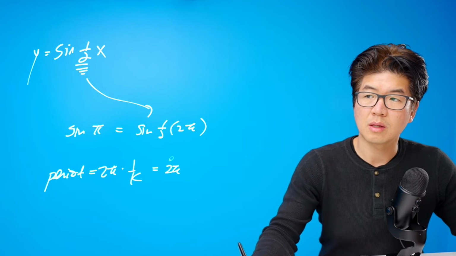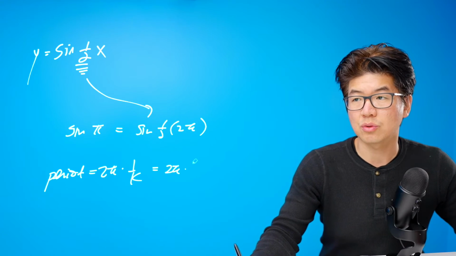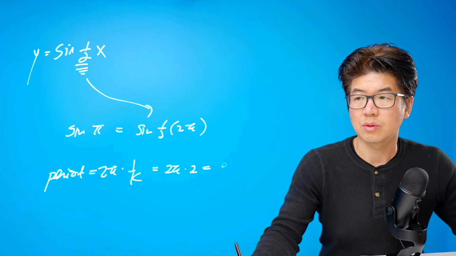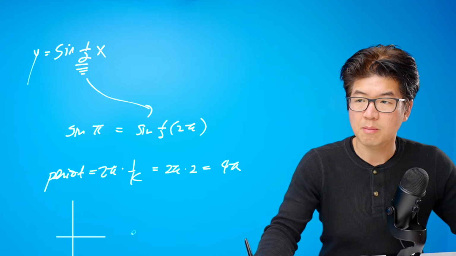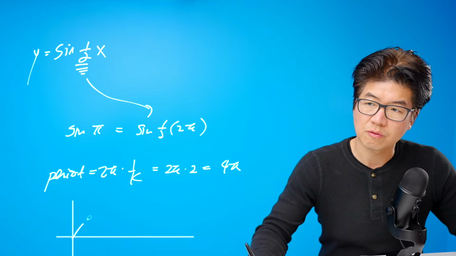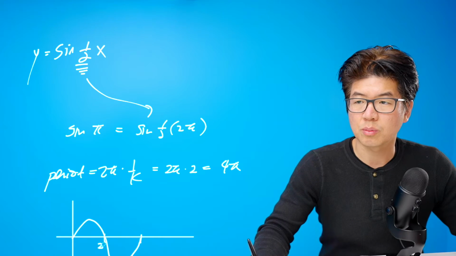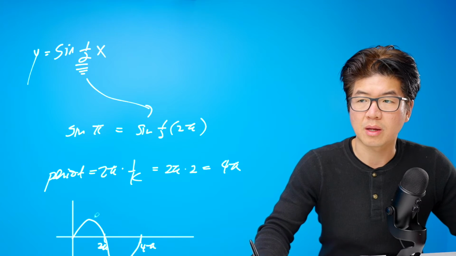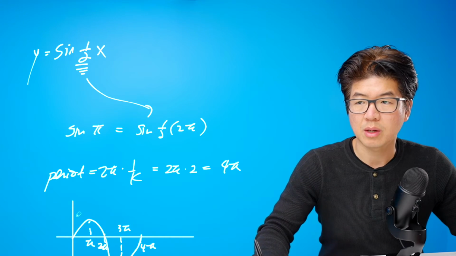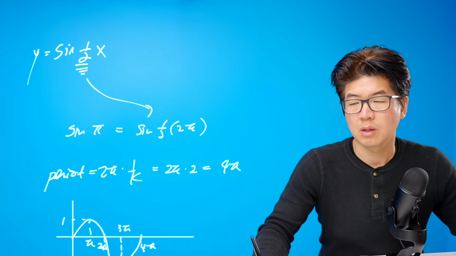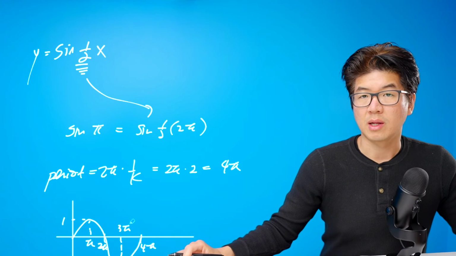This time, k is half. 1 over k is the reciprocal of half, which is 2. So you get 4 pi as a period, meaning the half has the impact of the sine curve not ending at 2 pi, but ending at 4 pi, making this here pi and this here 3 pi, 1, negative 1.